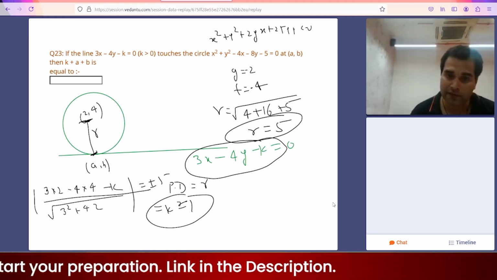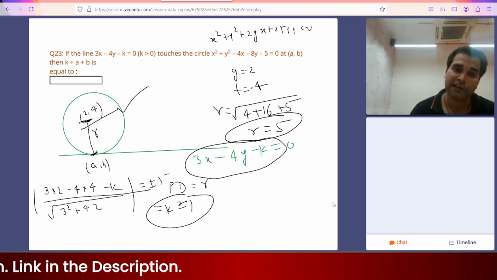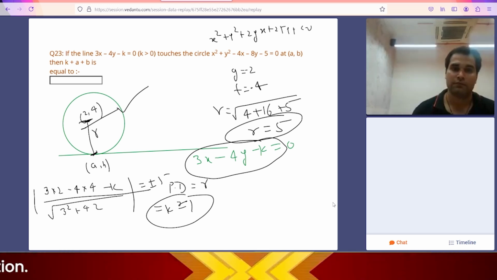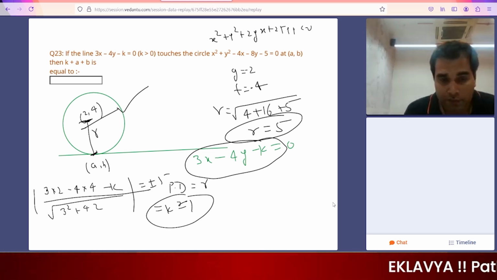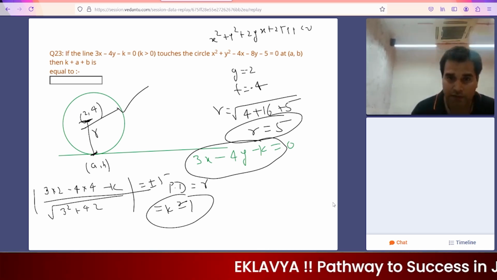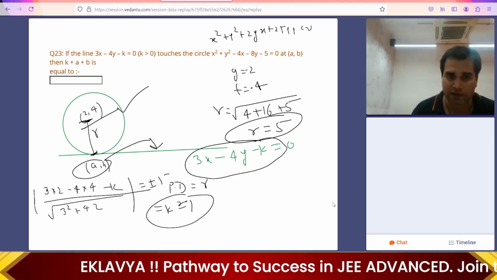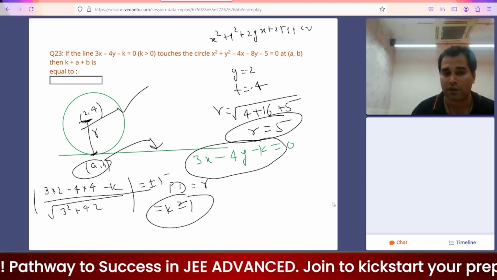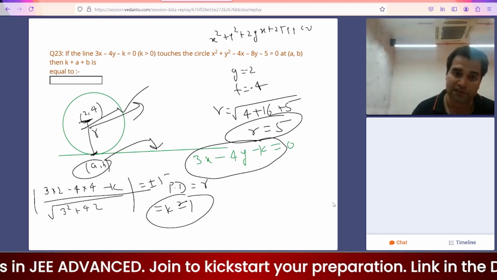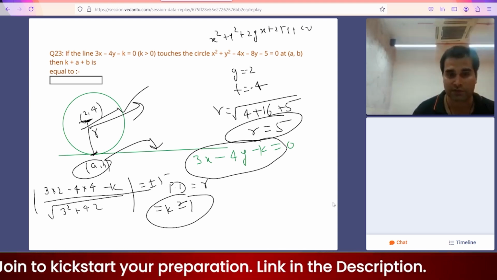To find k, we find the equation of this line, because this point also satisfies this equation.